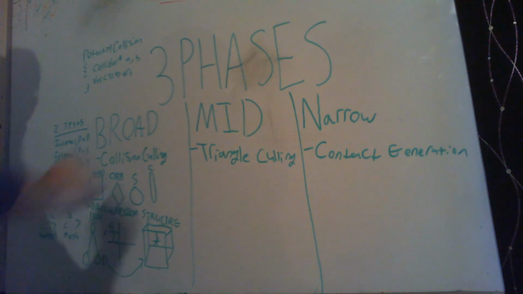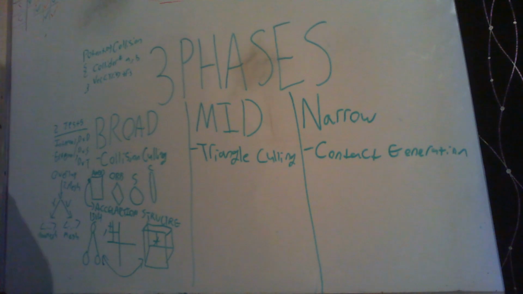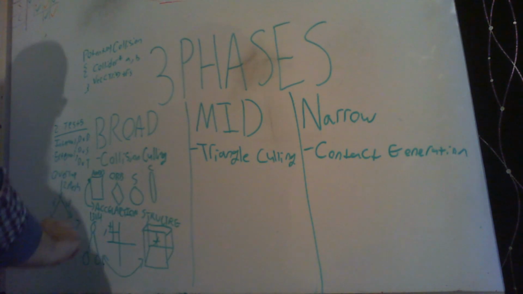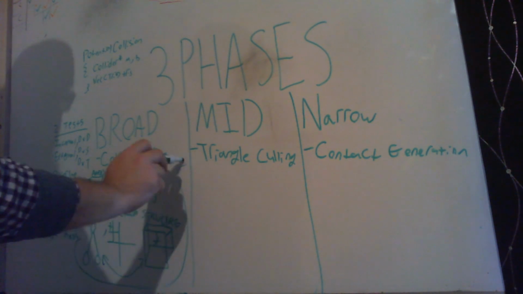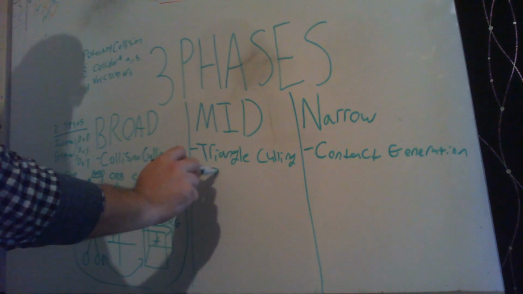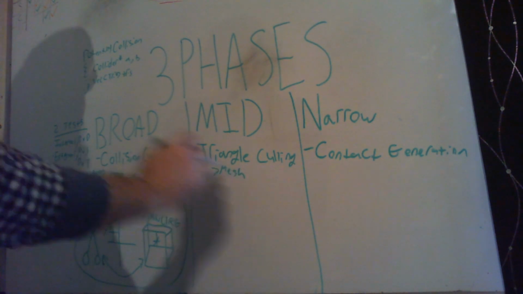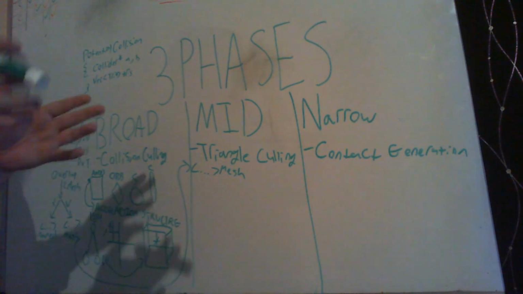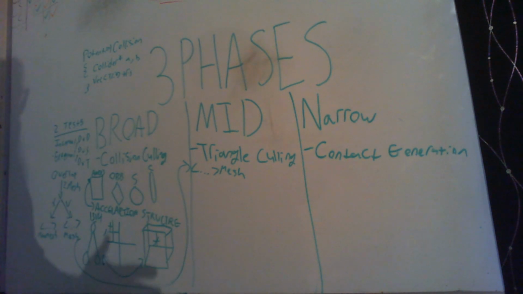And this brings us into the midphase. So in the midphase, we're going to pipe in our set of potential mesh contacts. And before I go any further with that, I want to talk about the literature. A lot of the time in the literature, you'll see the midphase not only does triangle culling, but it also does some pre-processing of your contact generation.